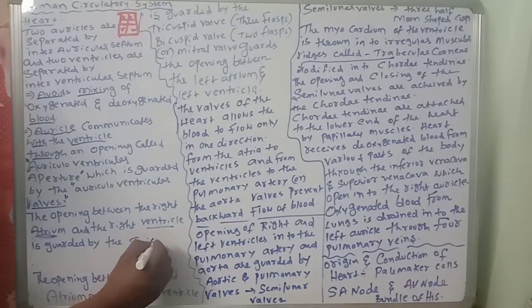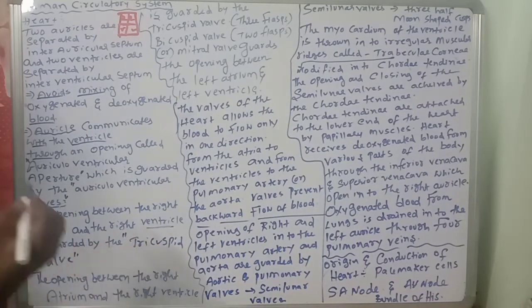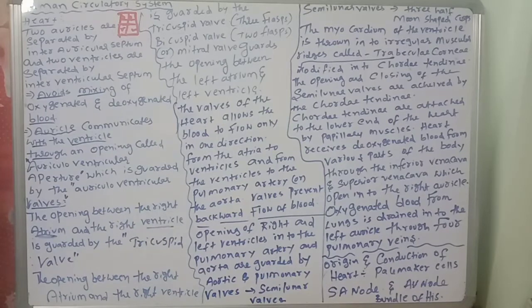Very important point. What is that one? Tricuspid valve. Most important. You should observe this. So the opening of the right atrium and right ventricle is guarded by the tricuspid valve.